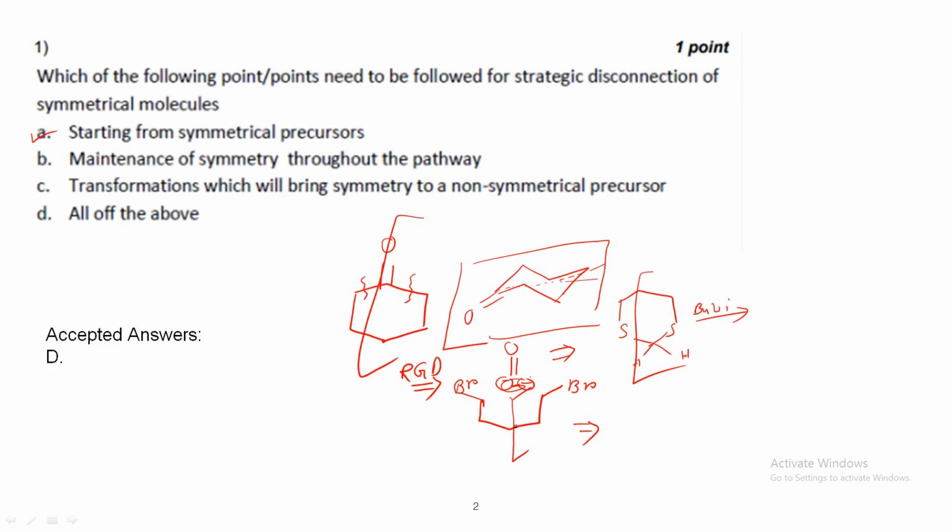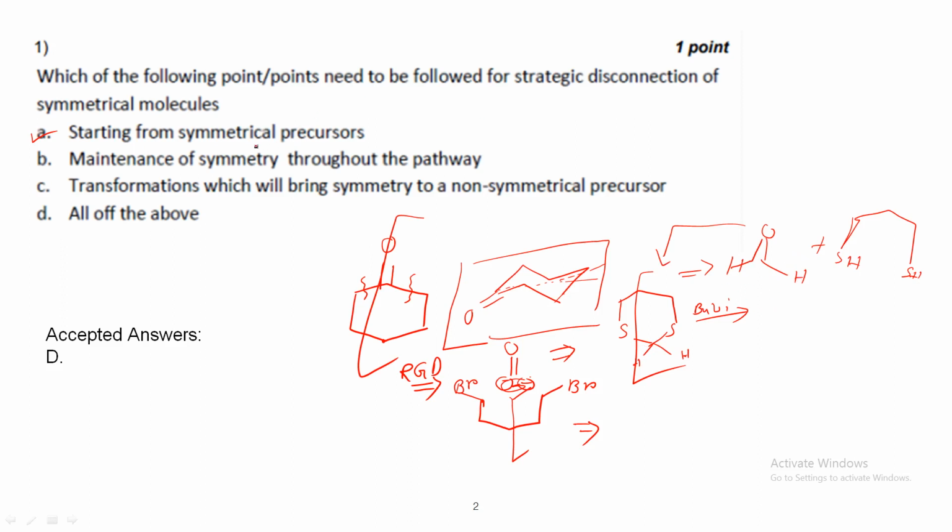You can see if this is the starting material, it contains the sigma plane, and the same for this. So how can we generate that? Just from formaldehyde and this kind of thiol, we can protect the carbonyl groups, and that also contains the sigma plane.